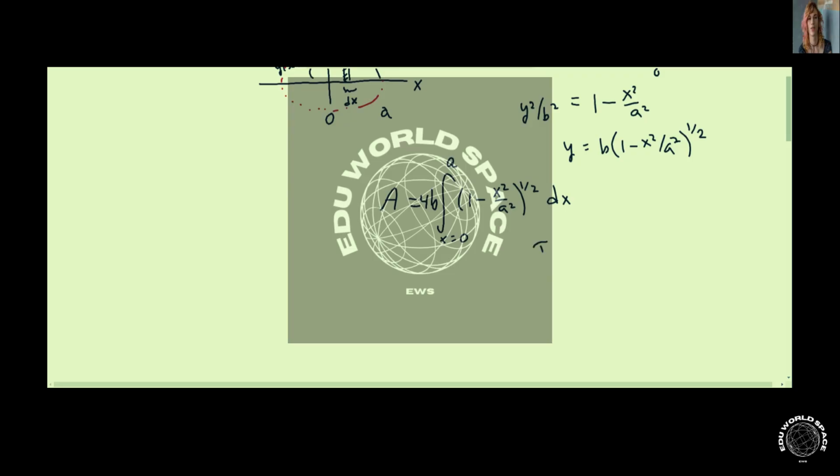We're going to try to let x over a equal sine of theta. And we can do something like that if we're sure that the x over a remains equal or less than 1. And we're guaranteed that, so we're good. And if we take the derivative of both sides and work with it a little bit, we get dx is cosine theta times a d theta.